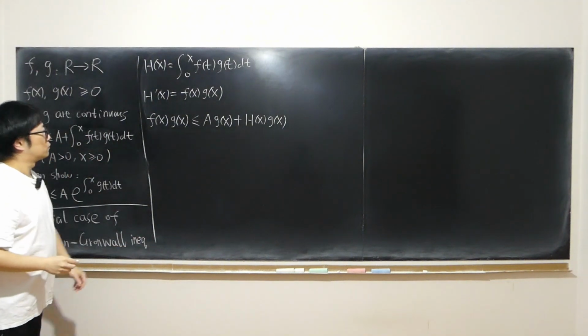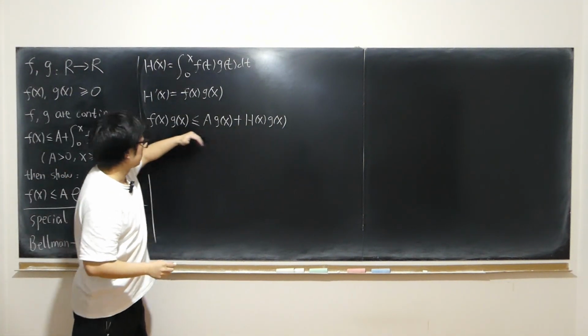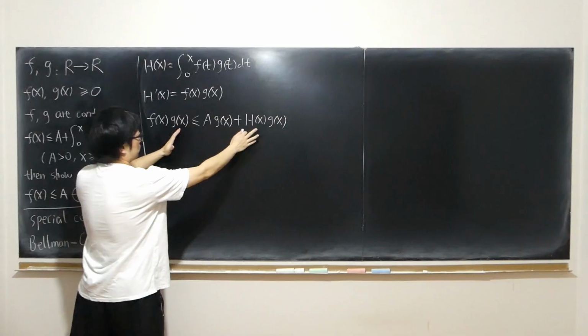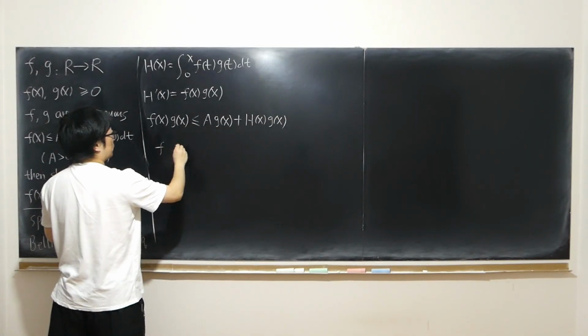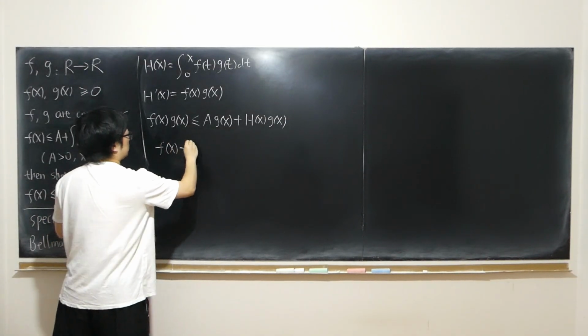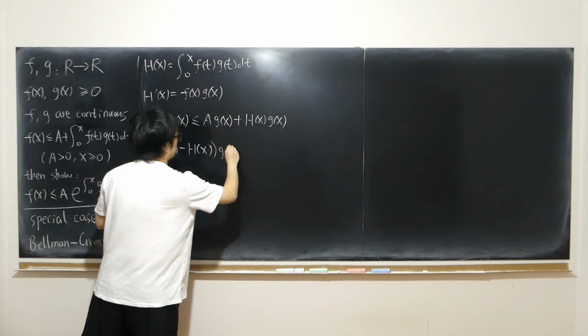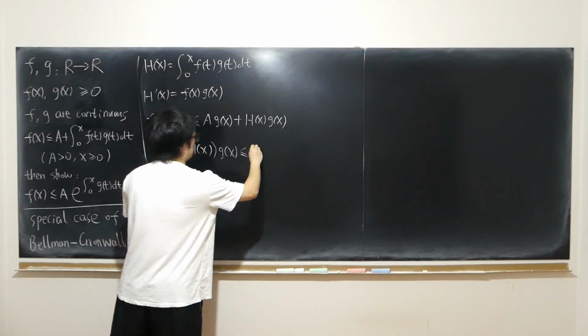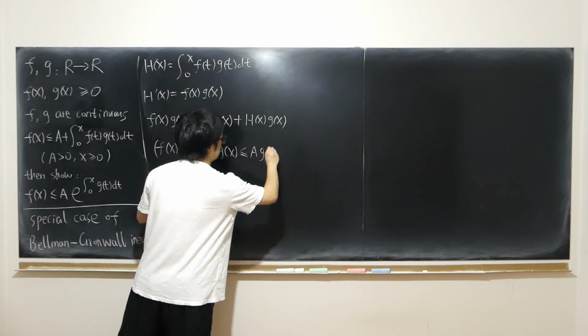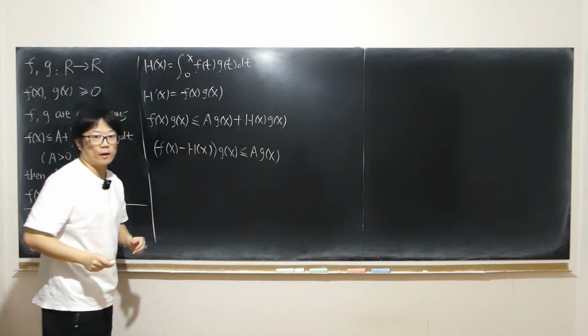Right? So I just move this to the other side, then take out g of x as a common factor. f of x minus h of x, times g of x, is less than a times g of x. This is what I have.